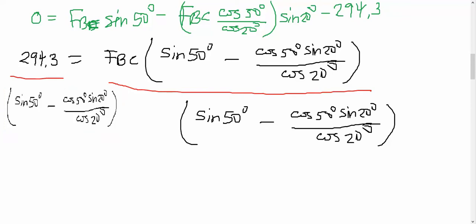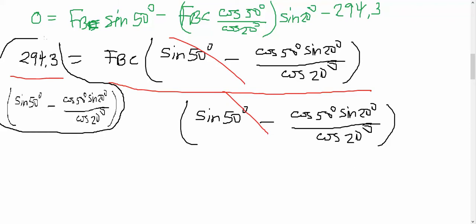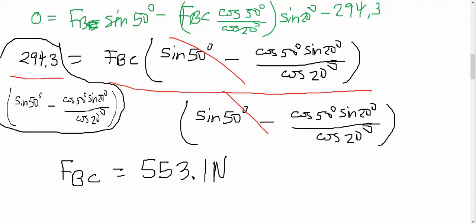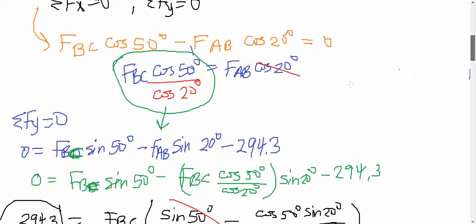Dividing both sides by this value cancels out on this side, and then plug this into your calculator. We have FBC equals 553.1 newtons. Now in order to find our FAB, we simply plug FBC back into the equation we solved initially for FAB.